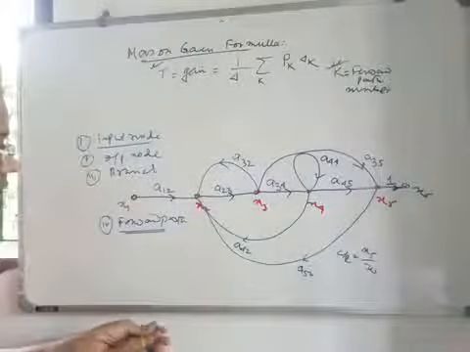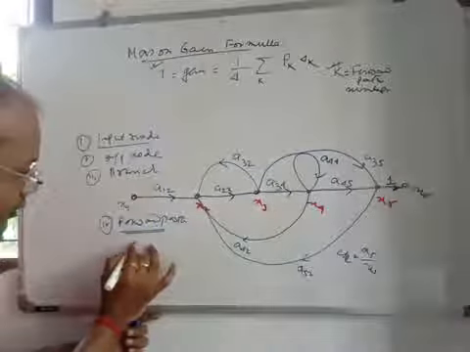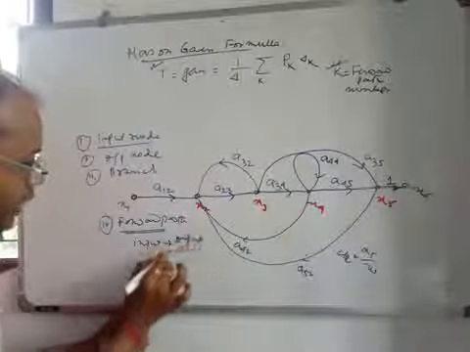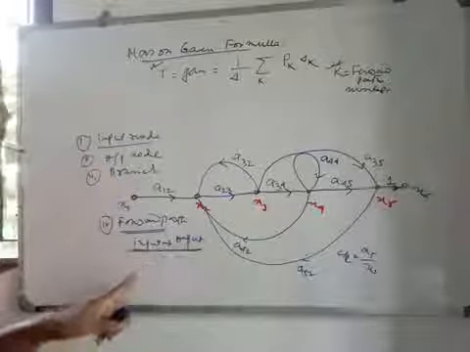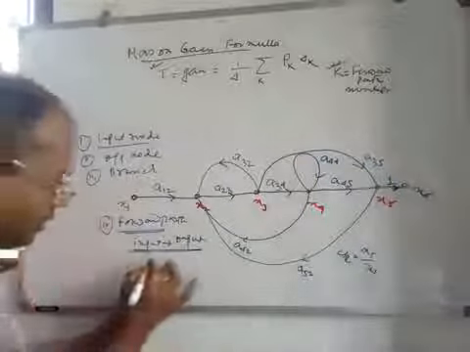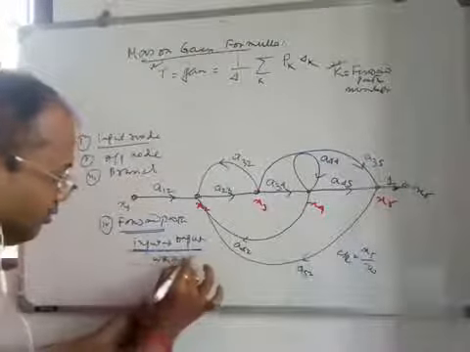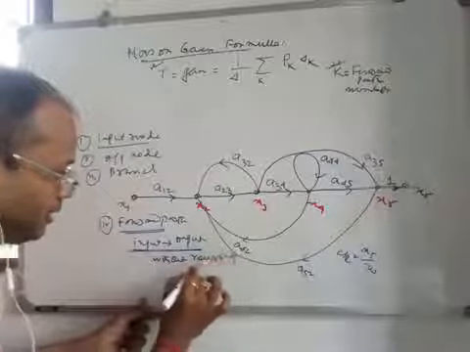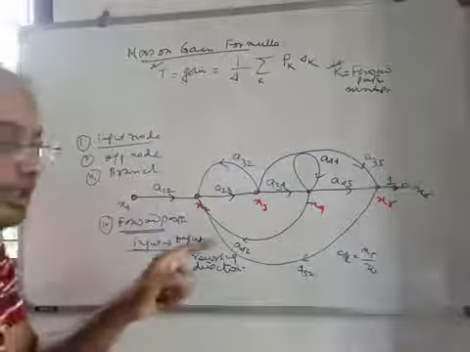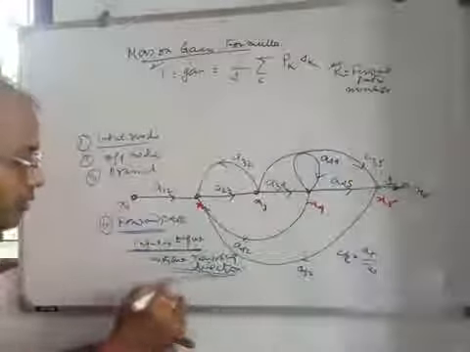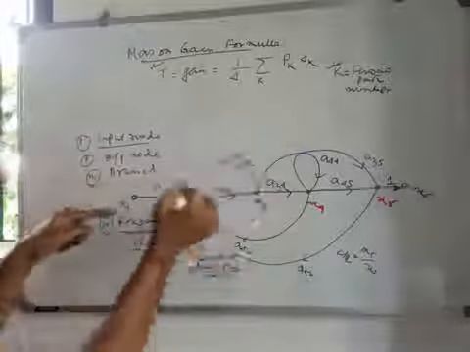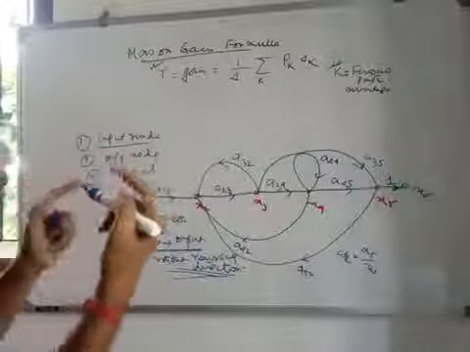Forward path means the path through which the signal passes from the input node to the output node without reversing the direction. That is very much important. So that gives you the forward path, right? So for example, from this structure, what will be the forward path?